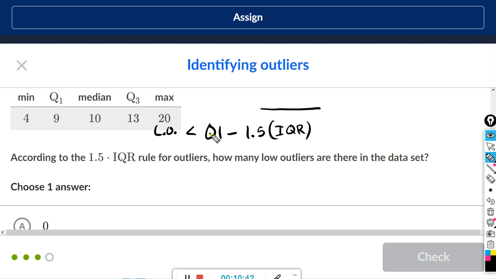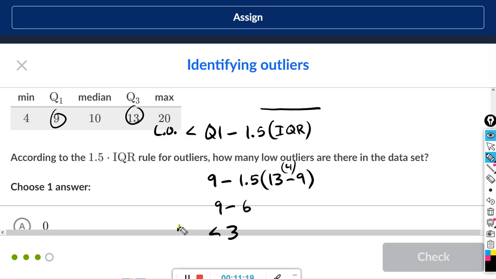For Q1, we have 9, so in place of Q1, I'm going to write 9, minus 1.5 times IQR. IQR is Q3 minus Q1, so that's 13 minus 9. So this is 9 minus 1.5 times 4. 1.5 times 4 is 6, and 9 minus 6 is 3. The low outliers have to be less than 3.